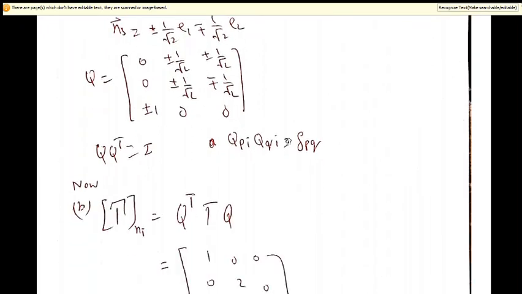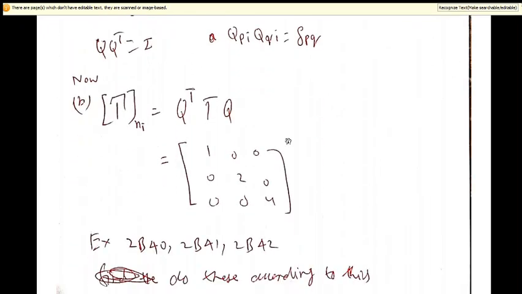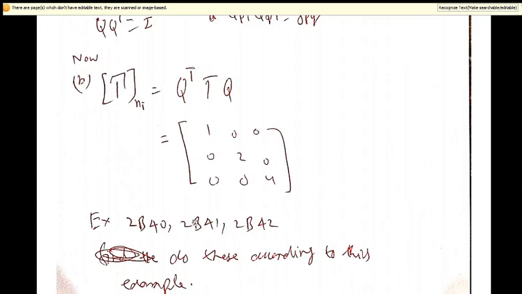Now these are three questions from exercise 2b40, 2b41 and 2b42.